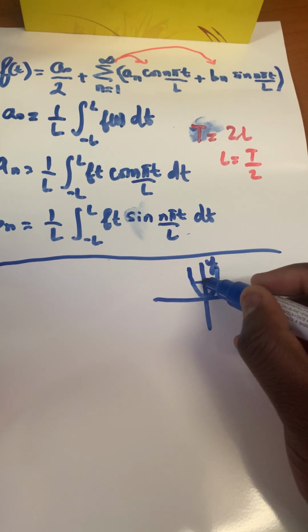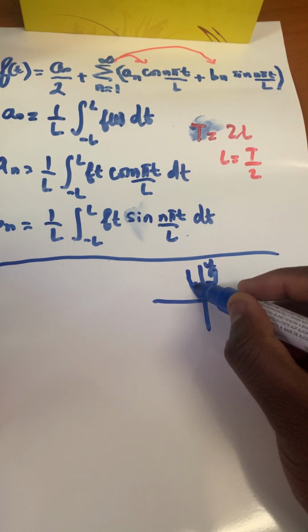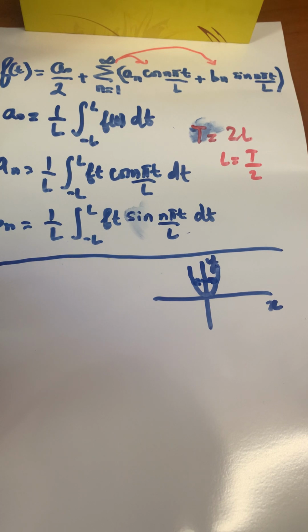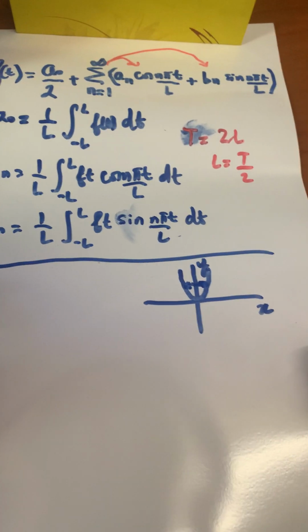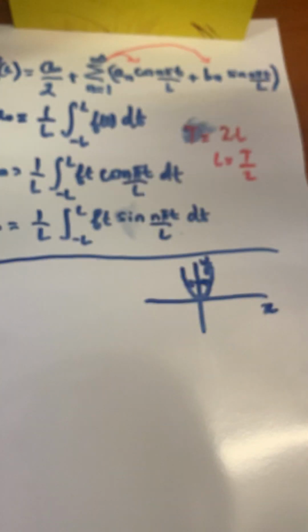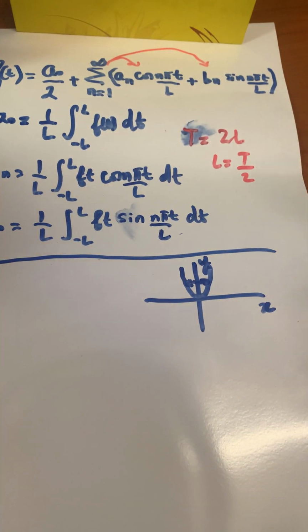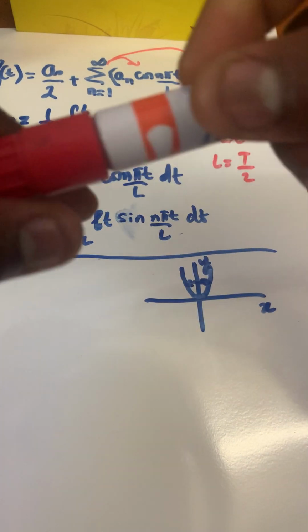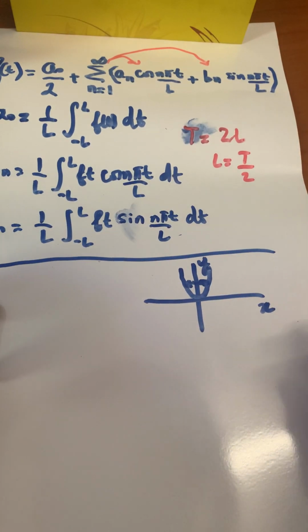It's a symmetrical or mirror image. And an odd function is a function which is symmetrical about the origin.